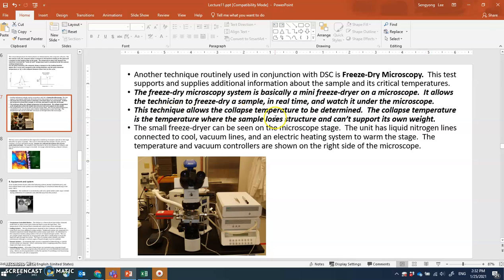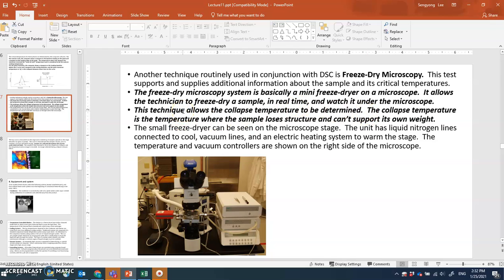This technique allows the collapse temperature to be determined. At what temperature your drug will collapse, you can see that under the microscope. So that collapse temperature is again the temperature where the sample loses structure and can't support its own weight. So you want to avoid that collapse temperature when you design your freeze drying process. So the freeze dry microscope is handy to identify that.